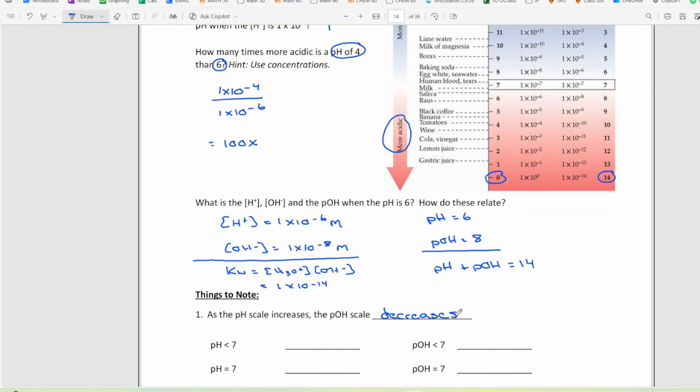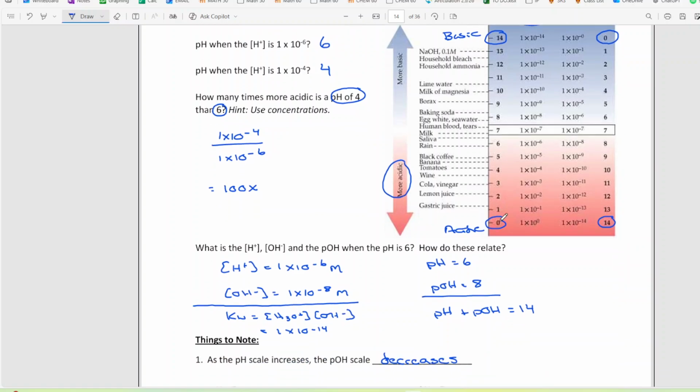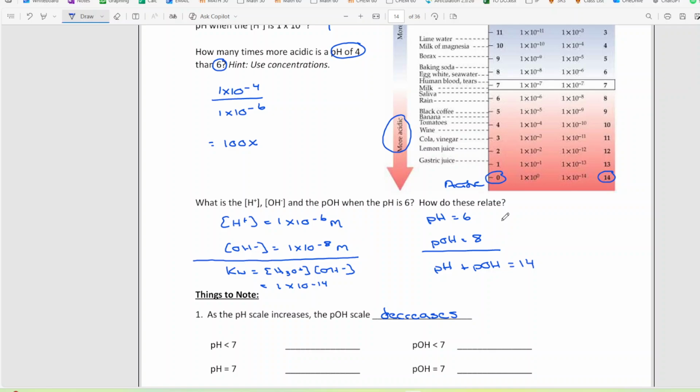Okay, now let's talk about relative acidity and basicity. When you look at the scale, a pH of 0 is very acidic, whereas a pH of 14 is basic. So if you have a pH that is less than 7, your solution is considered acidic.